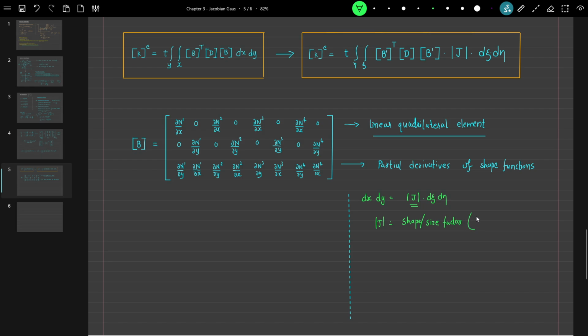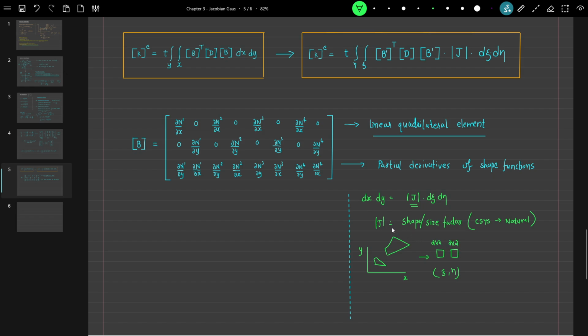When we transform the element from the original coordinate system to natural coordinates, if we remember, we have this xy space, and we have any element, something like this. When we transform this from xy to ζ η, they all are square shapes with the same size, 2 by 2.